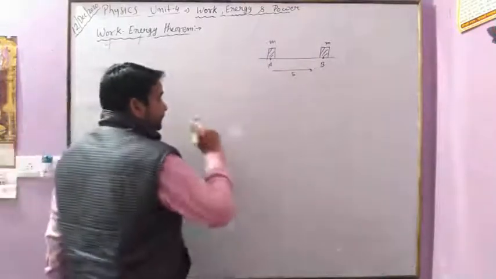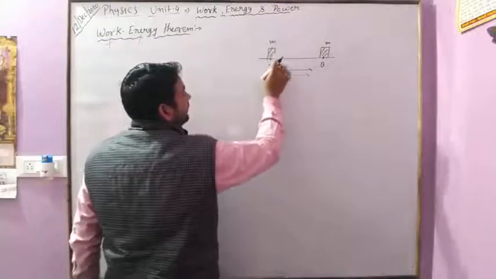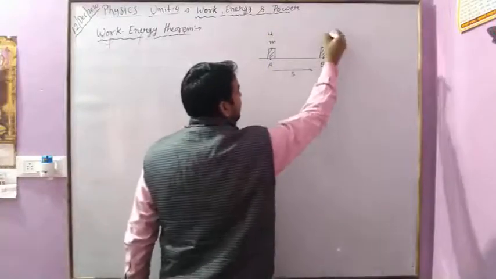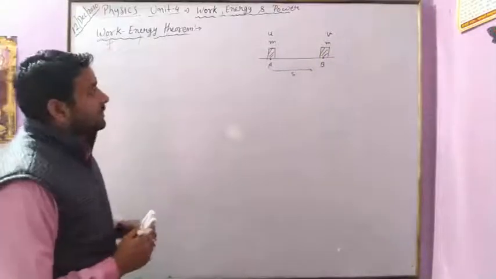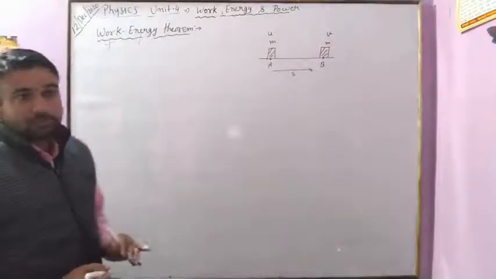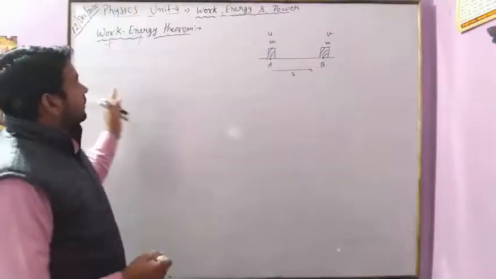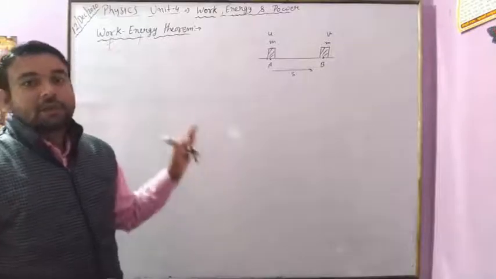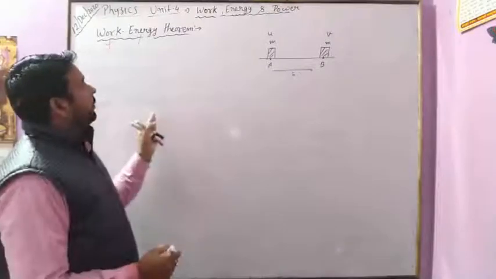Now let's say the initial velocity of the body is u and the final velocity is v after time t passes. According to this work energy theorem, the work done on a body is equal to the change of kinetic energy of the body.